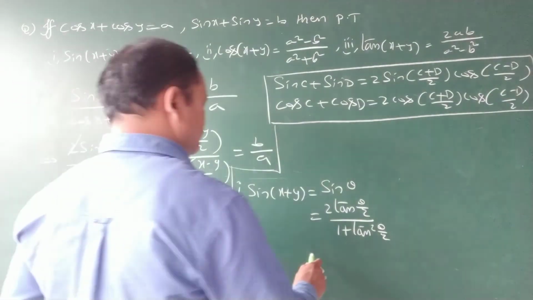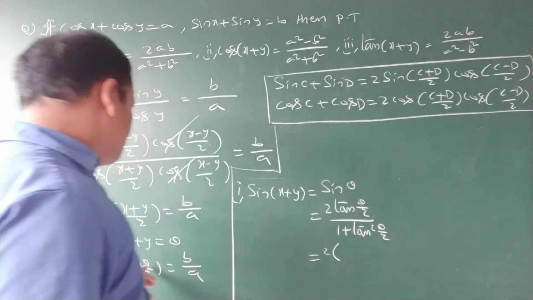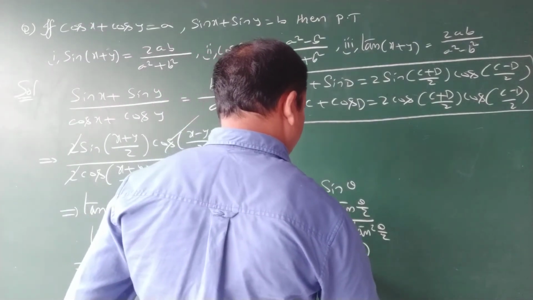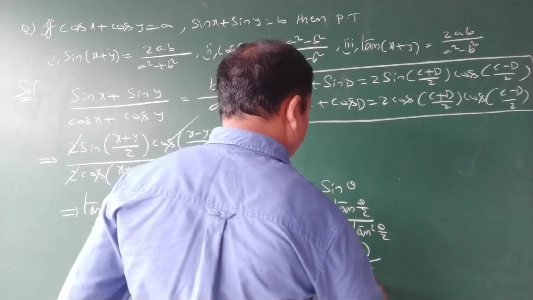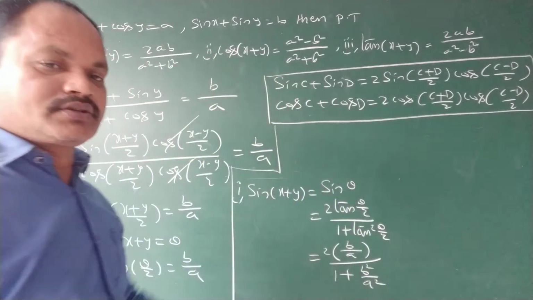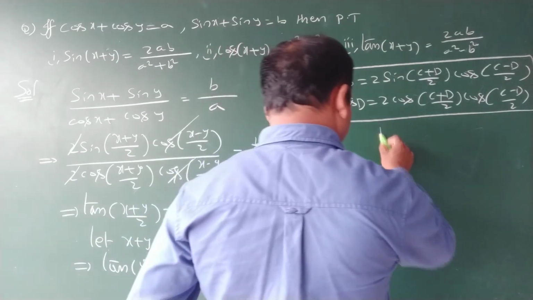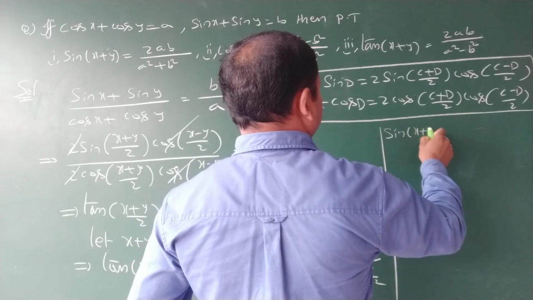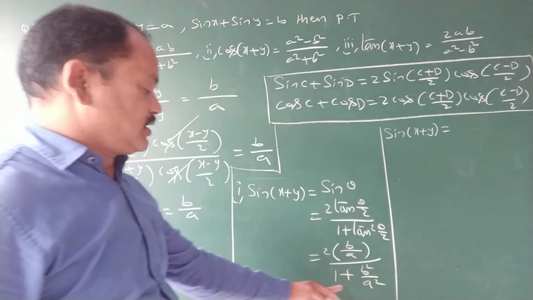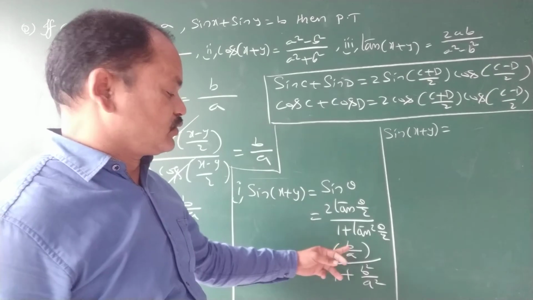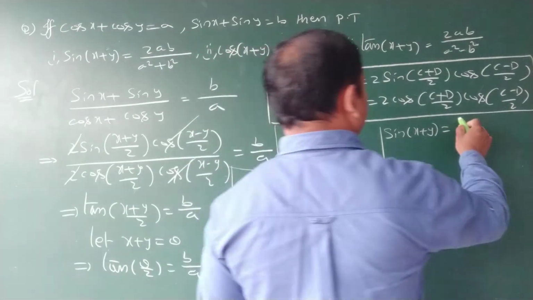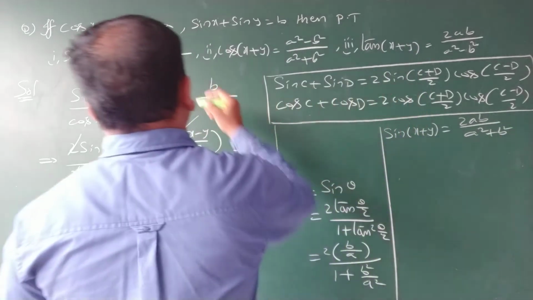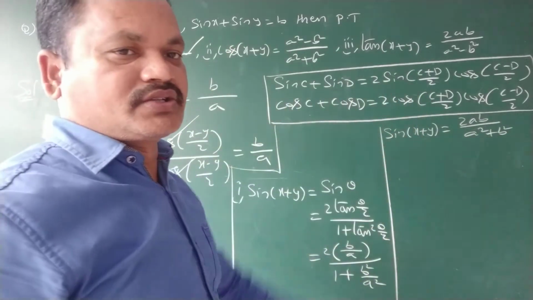Now we substitute here: 2 times b by a, by 1 plus b square by a square. After taking LCM, sin(x plus y) is equal to 2b by a times a square by a square plus b square. After simplification, this is 2ab by a square plus b square. So that is the first one.